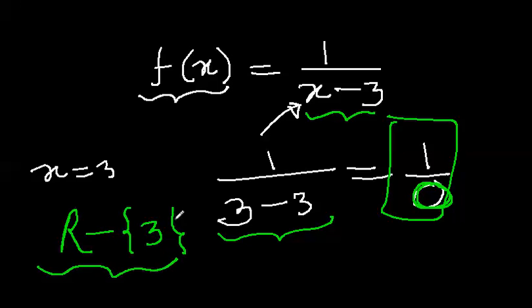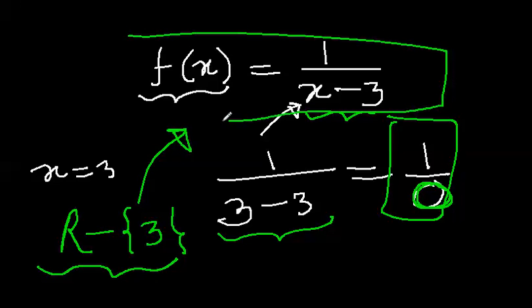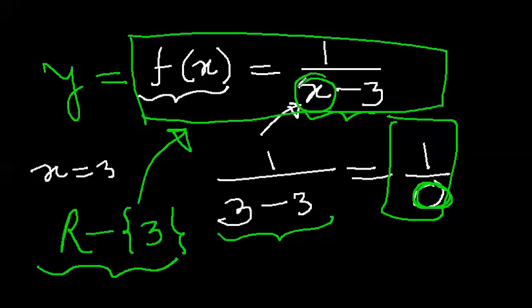This is the domain of our function. Whenever a function is given, you have to find all the possible values of x for which f of x is defined, and these are considered in the set of the domain.